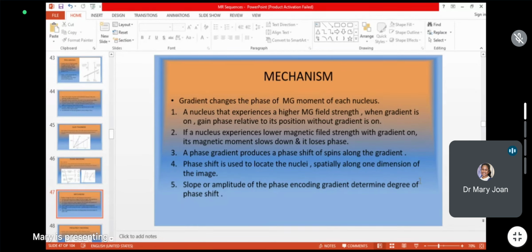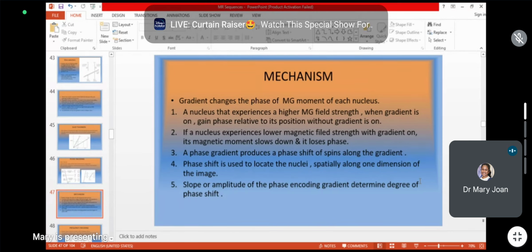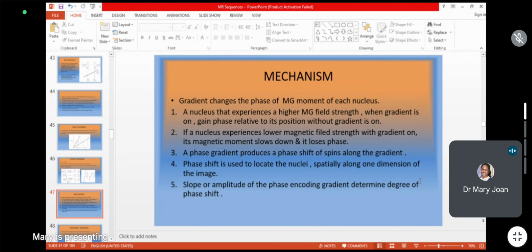Gradient changes the phase of the magnetic moment of each nucleus. A nucleus that experiences a high magnetic field strength when the gradient is on gains phase relative to its position without the gradient on. And if a nucleus experiences a lower magnetic field strength with the gradient on, its magnetic moment slows down and it loses phase.